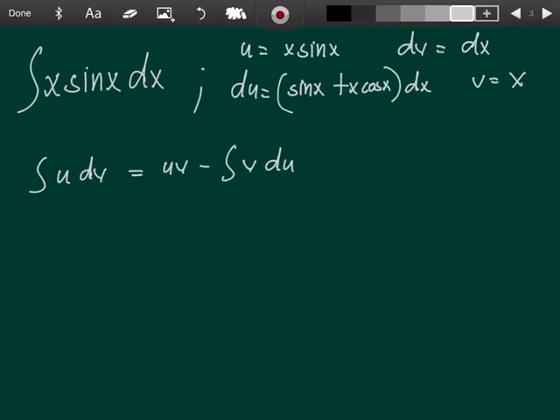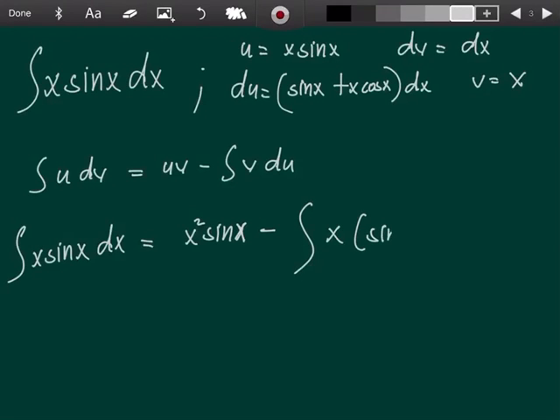So, that's it. So, we are going to write the integral of x sine x dx is equal to uv. Ano yung u? It is x sine x. And what is our v? It is x. So, since x sine x times x, we're going to make it x squared na lang. Minus the integral of x sine x plus x cosine x dx.